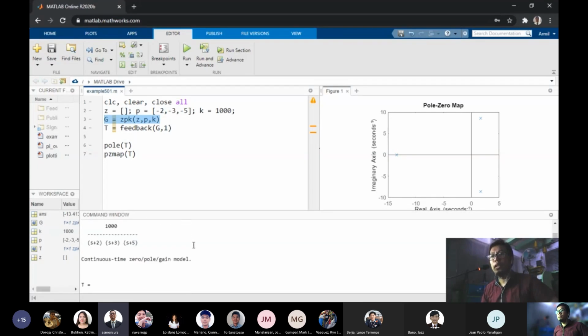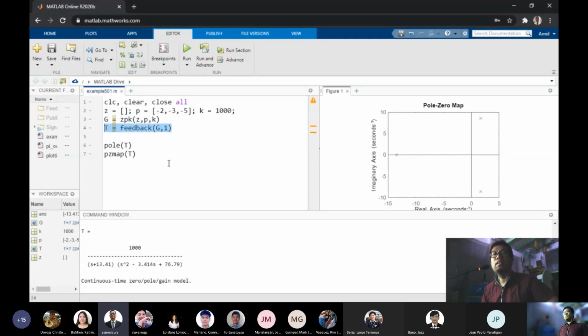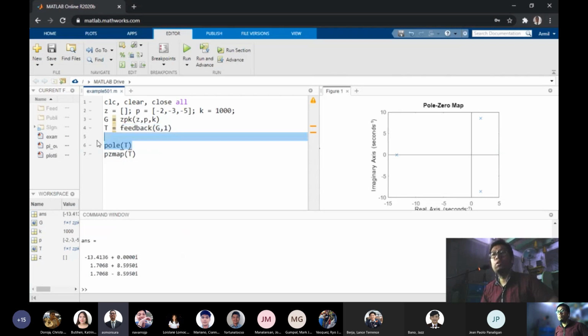Okay. So ito yung magiging forward transfer function natin. 1,000 over s plus 2 times s plus 3 times s plus 5. Okay. And then using feedback, okay. Kinuha natin yung closed loop transfer function which returns na ito. Okay. And then we computed for the poles of the closed loop transfer function.